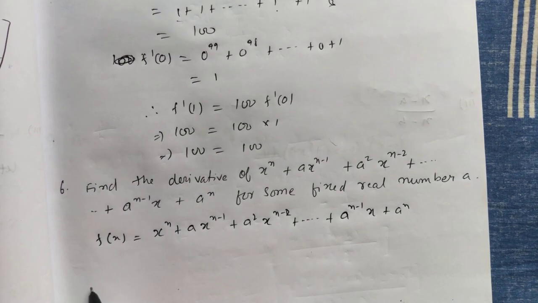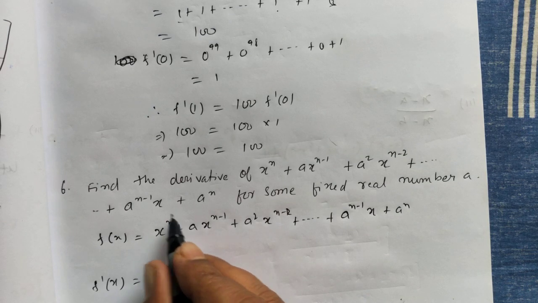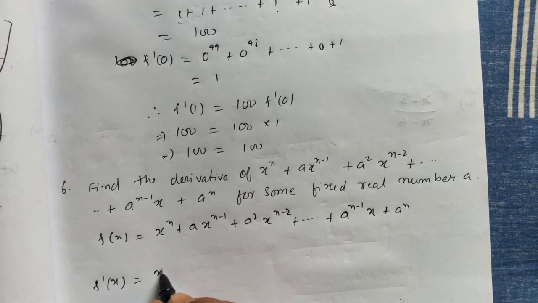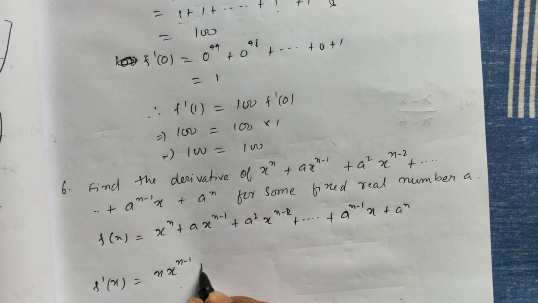So let us find f dash x. If I derive x to the power n, this power comes down, n, and the power will become 1 less, n minus 1.